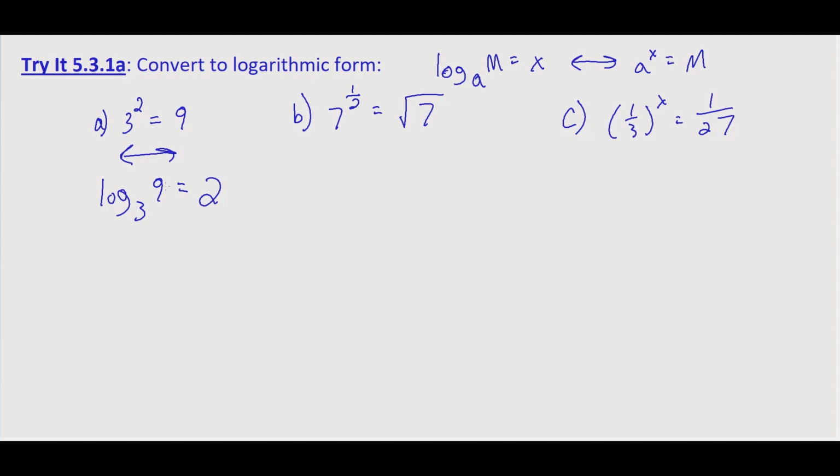So when converting from exponential form to logarithmic form, it's just a matter of identifying what a, x, and m are in the given exponential equation, and then substituting. So 7 to the 1/2 equals the square root of 7. What is each part? Well, again, look at the right-hand side of this if and only if. A to the x equals m. So a equals 7, x equals 1/2, and m equals the square root of 7.